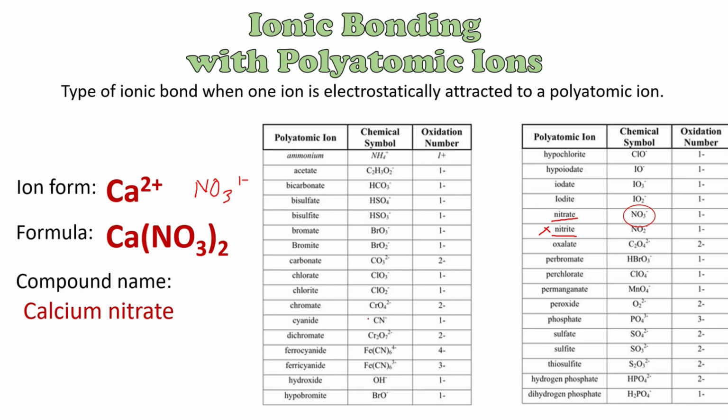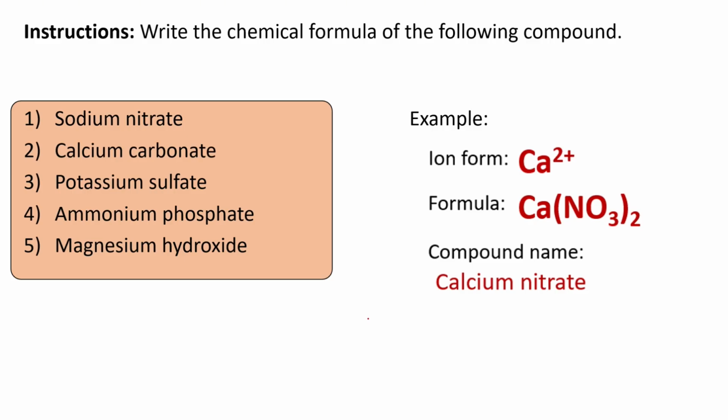And that's it. So for your assignment, you need to answer this in the Google form. I will attach the Google form in the Cengage. So just click that Google form, answer this on a piece of paper, take a picture of your answers. So your answer must be first the ion form of each of the words, like for example, sodium.